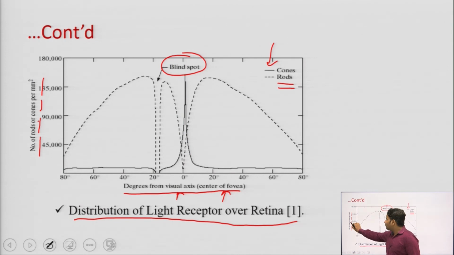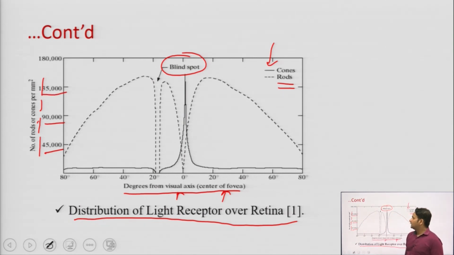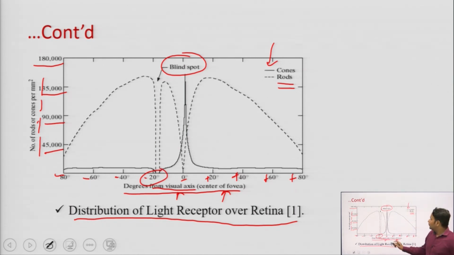See, the number of rods or cones increases from 45,000 to 90,000, up to 135,000 and 180,000, and the degrees from the visual axis go from minus 80, minus 60, minus 40, minus 20, 0, plus 20, plus 40, plus 60 and plus 80 degrees. Observing these degrees, the blind spot is near about minus 20 degrees, where your cones are not responding and your rods are also not responding.